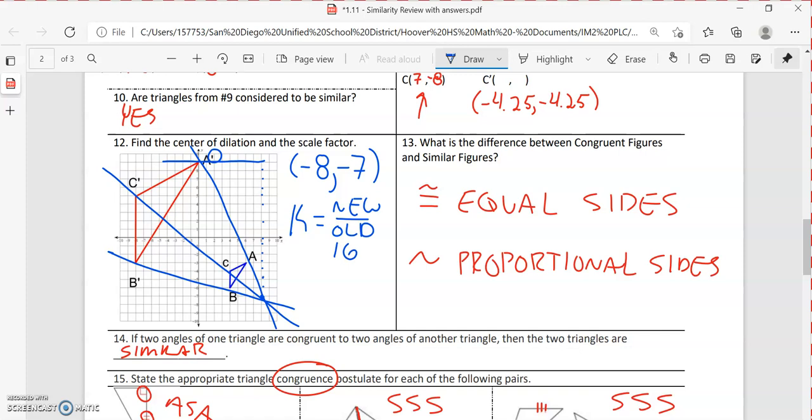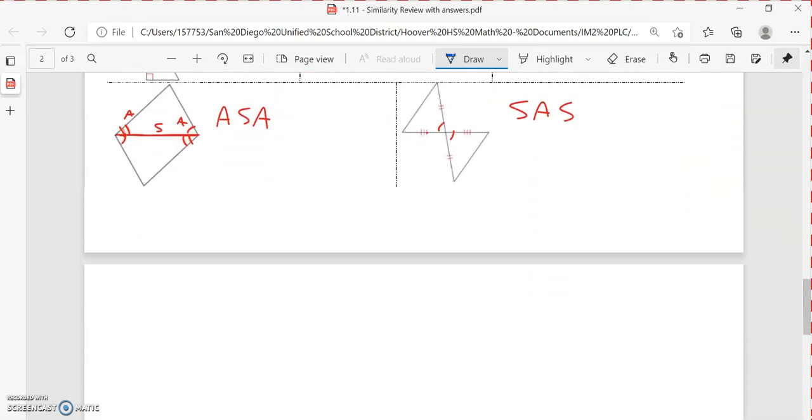And it's 1, 2, 3, 4 up to our old number. 16 over 4 equals 4. So our K factor, our scale factor is 4. And once again, make sure you use a ruler for this so it comes out a little better. I was unable to do that on this board.